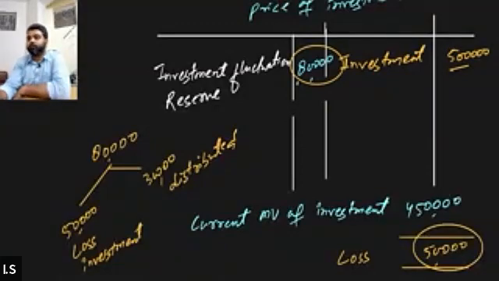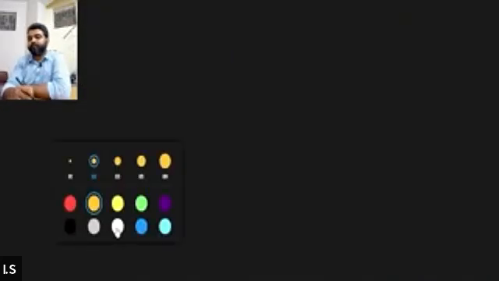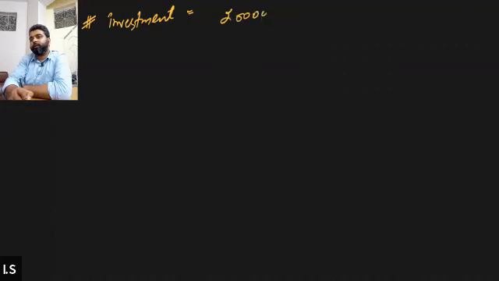Okay, all right. So there are various possible situations in case of investment fluctuation reserve. Let me discuss all the possible situations. Let's suppose the value of investment is 2 lakhs, right?